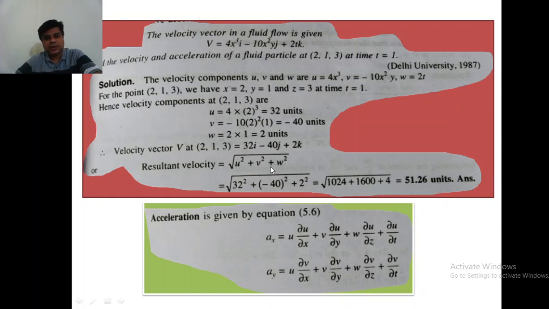Just add all these things and you will get the resultant velocity. We have seen in the previous sessions how to calculate u, v, w and the resultant velocity.